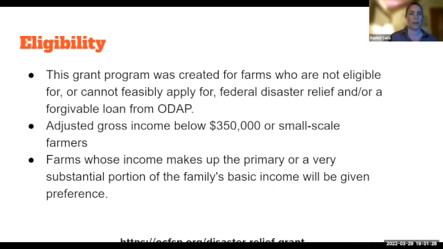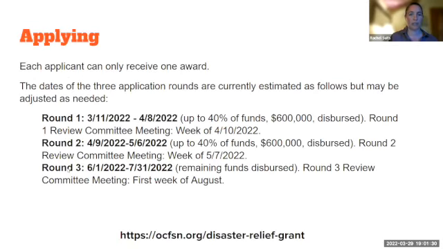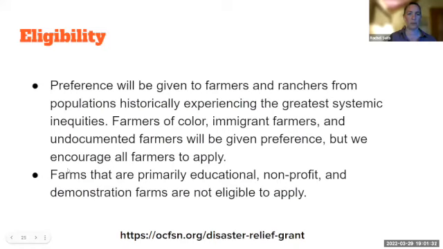Preference again will be given to farmers and ranchers from historically experiencing the greatest inequities. So farmers of color, immigrant farmers, undocumented farmers will be given preference. However, all farmers are encouraged to apply. And the one caveat is farms that are primarily educational, nonprofit, or demonstrations are not eligible.